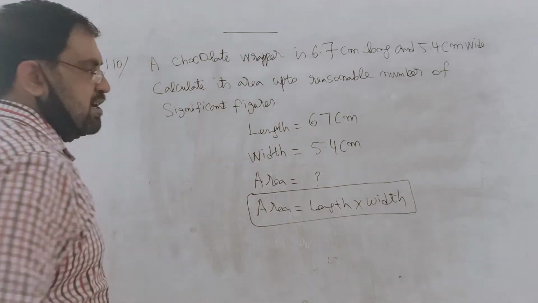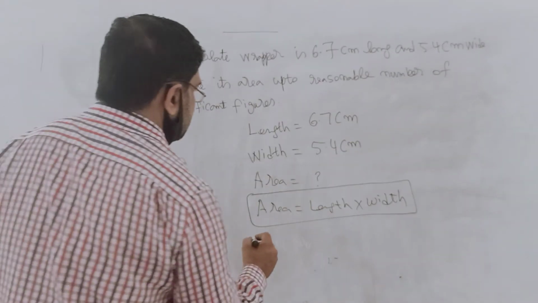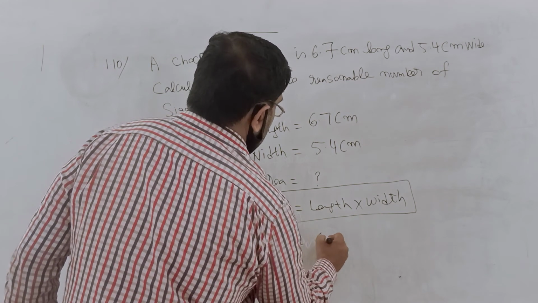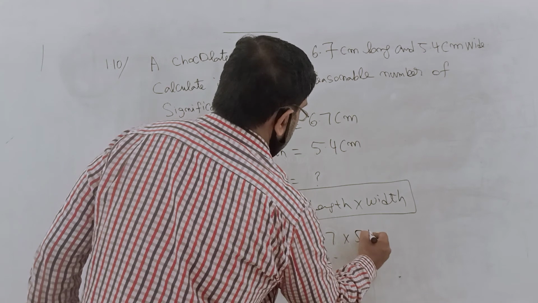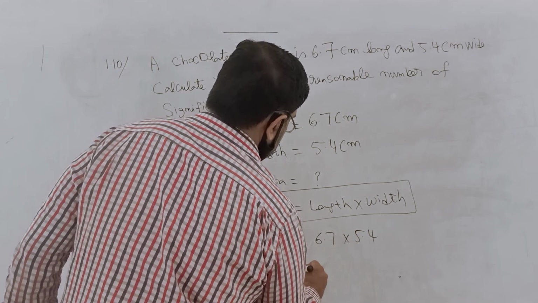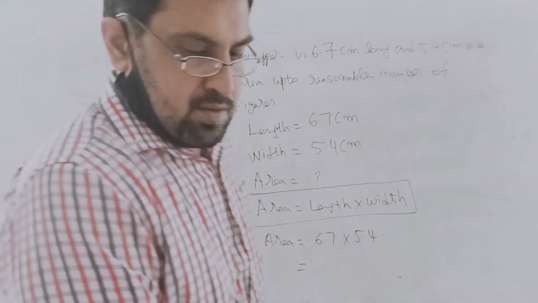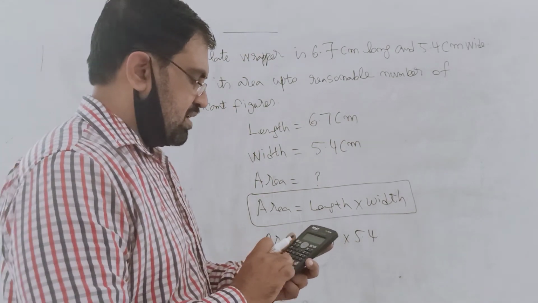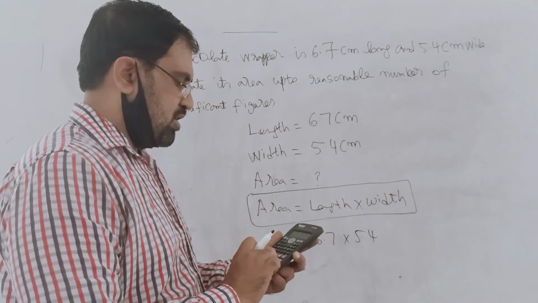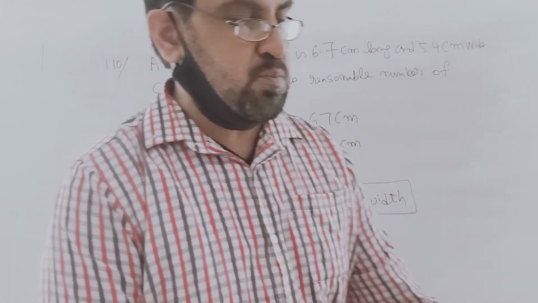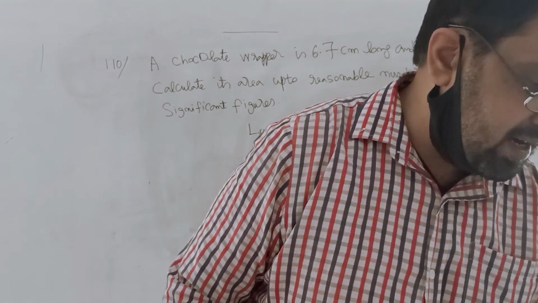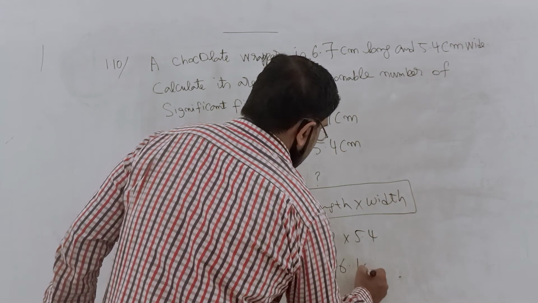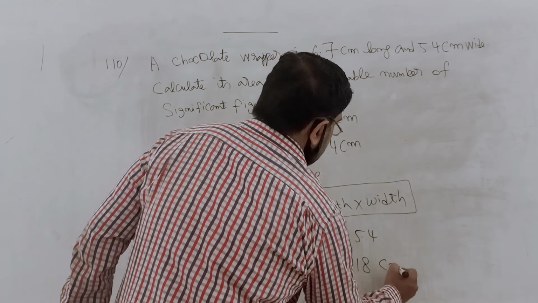Putting the values of length and width, 6.7 into 5.4. We may use a calculator to find its value. 6.7 into 5.4 equals 36.18 centimeter square.